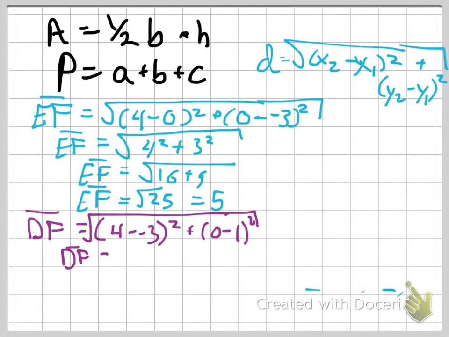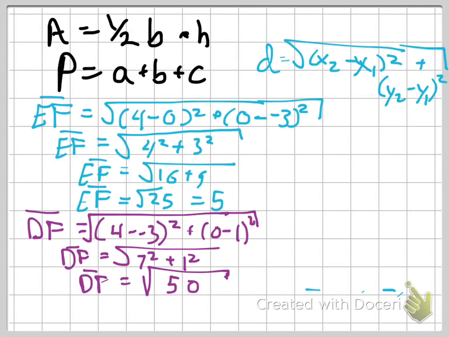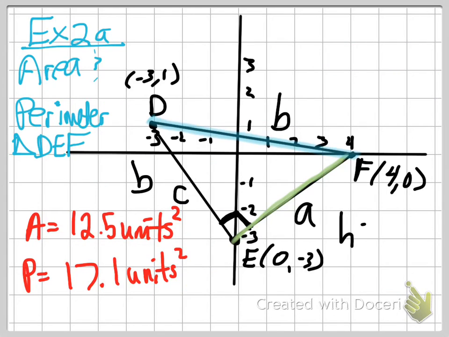So DF equals the square root of 4 minus negative 3, so 4 plus 3 is 7 squared, plus 0 minus 1 is 1 squared. DF equals the square root of 49 plus 1, the square root of 50. I'm going to leave it as the square root of 50. It's important as you're doing these problems to leave the radicals until the very last step. Now I'm going to solve for my third side, side DE.